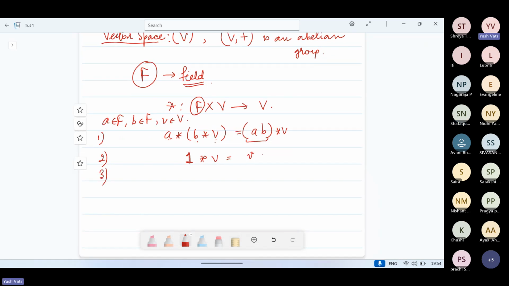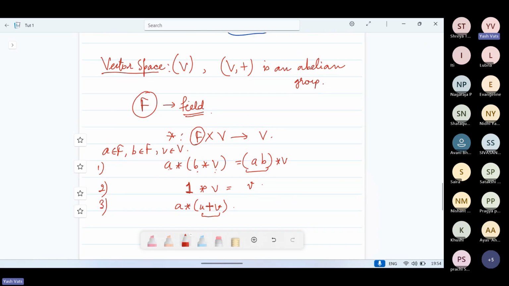The third property is A star U plus V, where U and V are elements in V. I can use the plus operation because V plus is an abelian group.